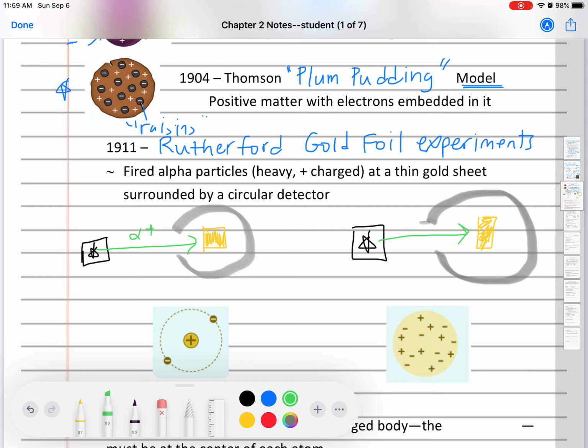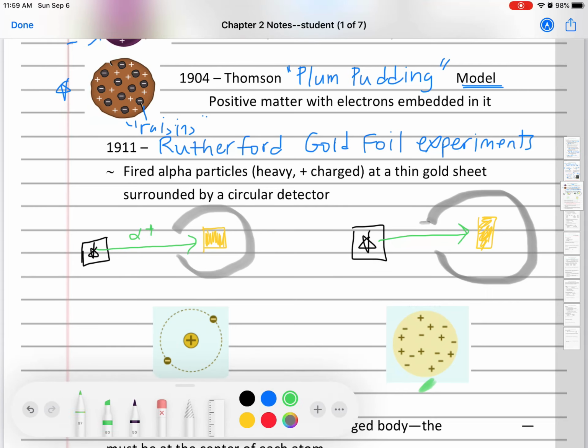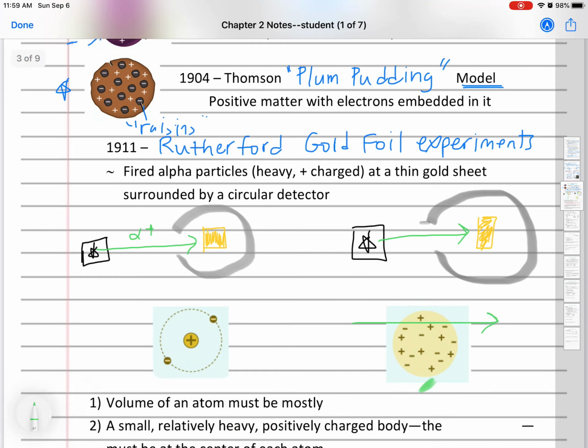Okay, so if J.J. Thomson's model over here is correct, and we in fact have a plum pudding model where there's negatively charged electrons meshed in with all this positive charge, then we would expect the alpha particles to go through with very minimal deflection, because the charge is all evenly dispersed.